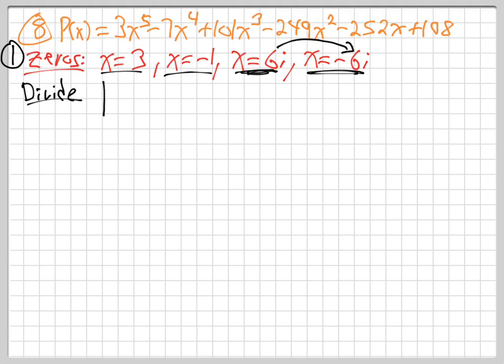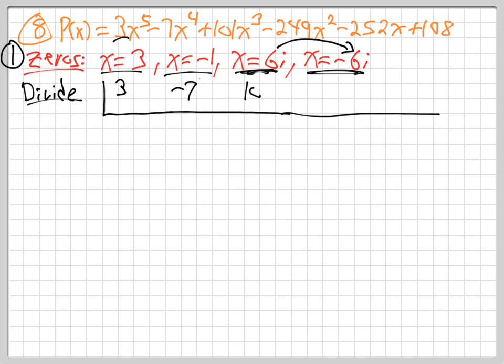So here we go. We're going to take these coefficients. 3, negative 7, 101, negative 249. In fact, I probably better space these out. We're going to need a little bit of space here. So, 3, and then I'm going to go way over here.